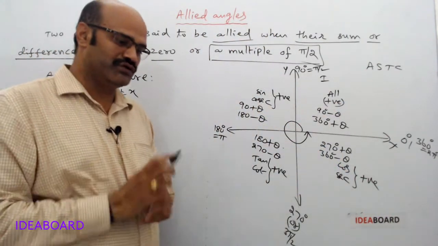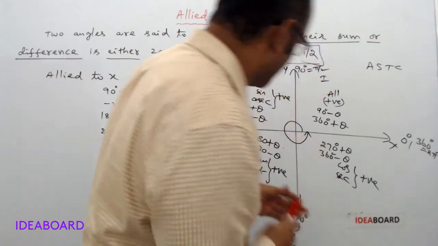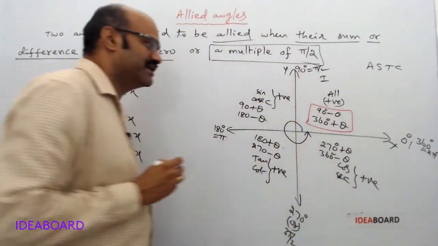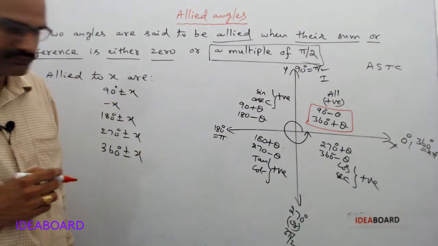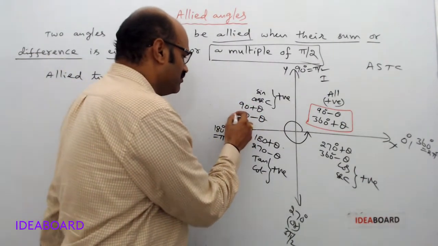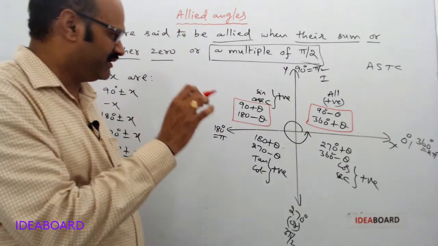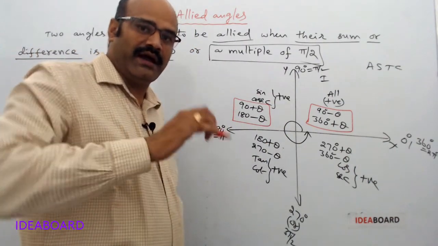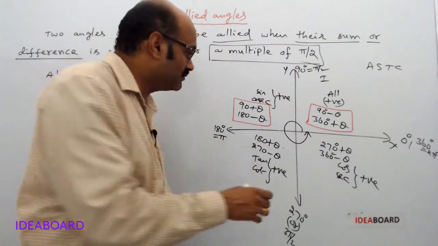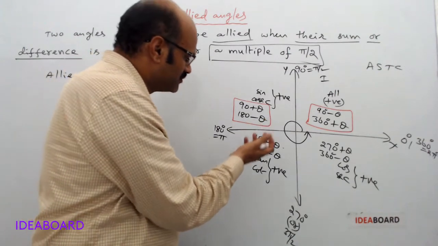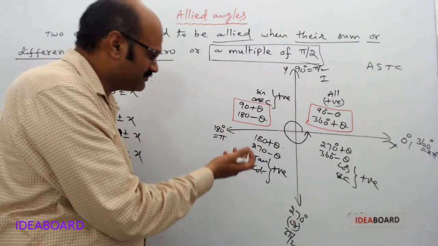So here we should know that in the first quadrant we have 90 degrees minus theta, 360 degrees plus theta. In the second quadrant we have 90 plus theta, 180 minus theta. If theta is any angle, angles which are allied to theta are 90 plus or minus theta, 180 plus or minus theta, 270 plus or minus theta, 360 plus or minus theta.